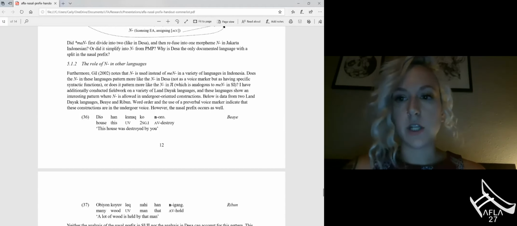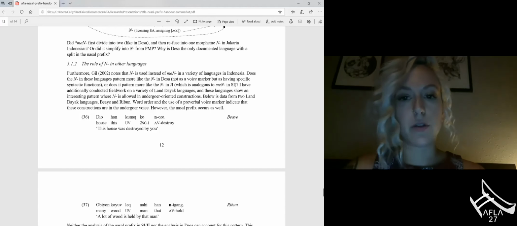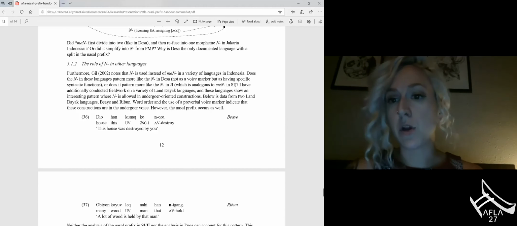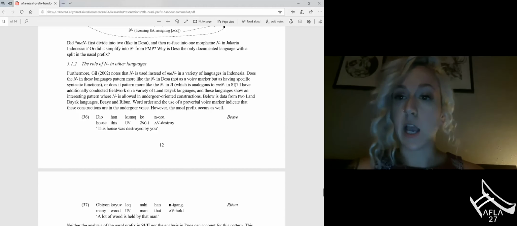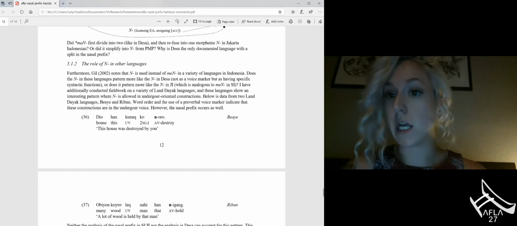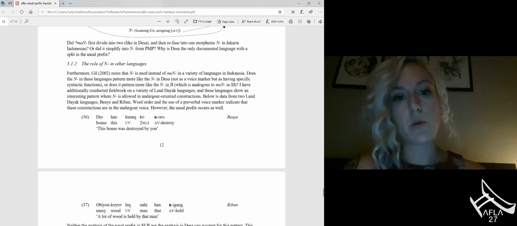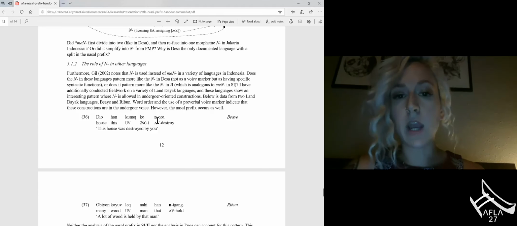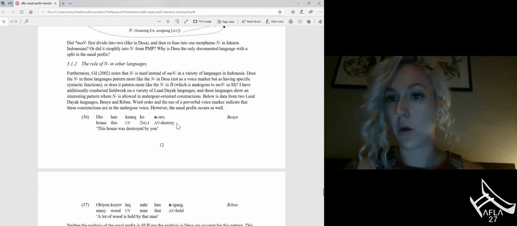So I've given some data from two of these languages, Bae and Ribun, in 36 and 37. And we know that these are undergoer-oriented constructions because they have the undergoer voice morpheme occurring, plus the word order indicates this as well. So in 36, we have Diohan Kunako Noro, this house was destroyed by you. And we actually do have a nasal prefix right there in the undergoer voice.